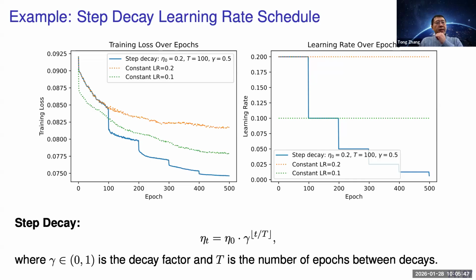So this is one typical scheduler. Step decay has been used for some applications, but there are other schedulers. More recently, for transformers and LLMs, the cosine scheduler and the linear scheduler have become more popular. Those are different ways, and you can take a look.